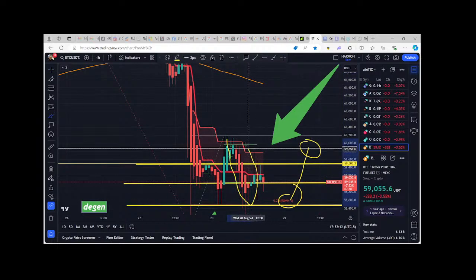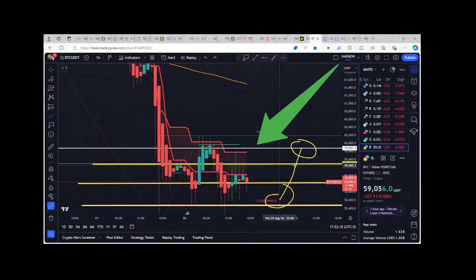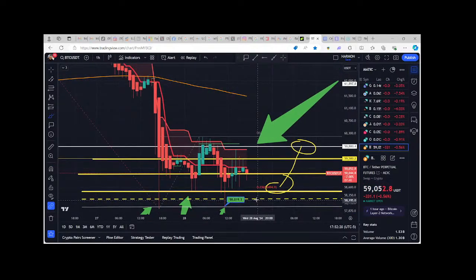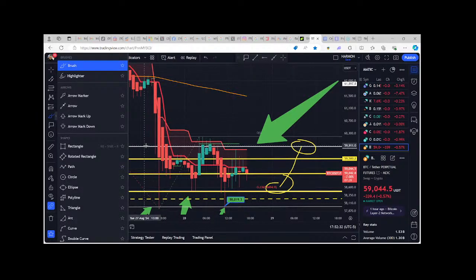So once you see these trades happen, you can start focusing on those lower support areas or the degen zone down here, because it's always going to come back and touch that before it starts working its way back up. Now, that's what creates this consolidation zone that we're sitting in here.